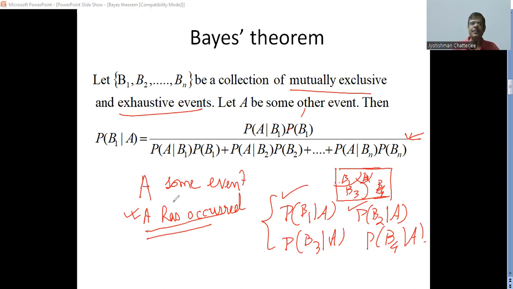Here, circumstantial evidences and interrogating people, observations, all these things are what is given to us. The event A has occurred. And we are trying to find out which event has actually occurred. But unlike the detective, here we don't pinpoint that this is the event which has occurred. Instead, we give the probabilities of each having happened under these circumstances.